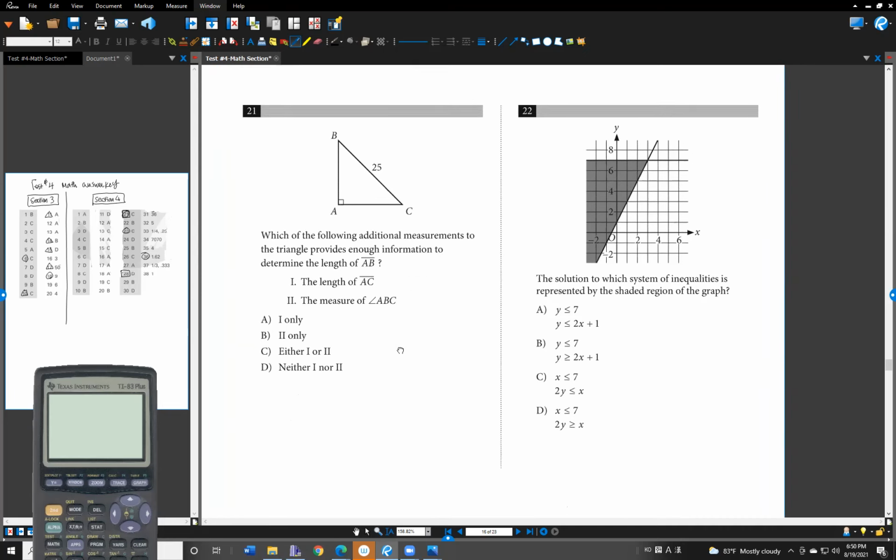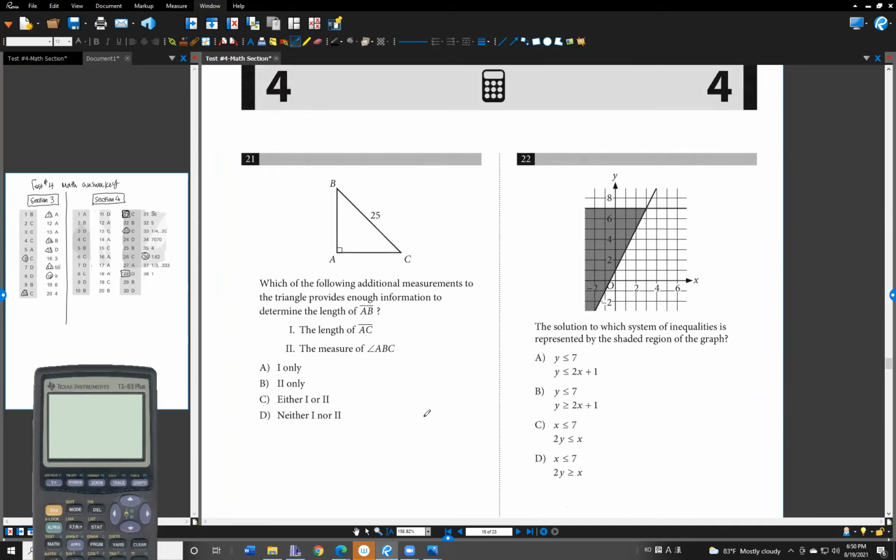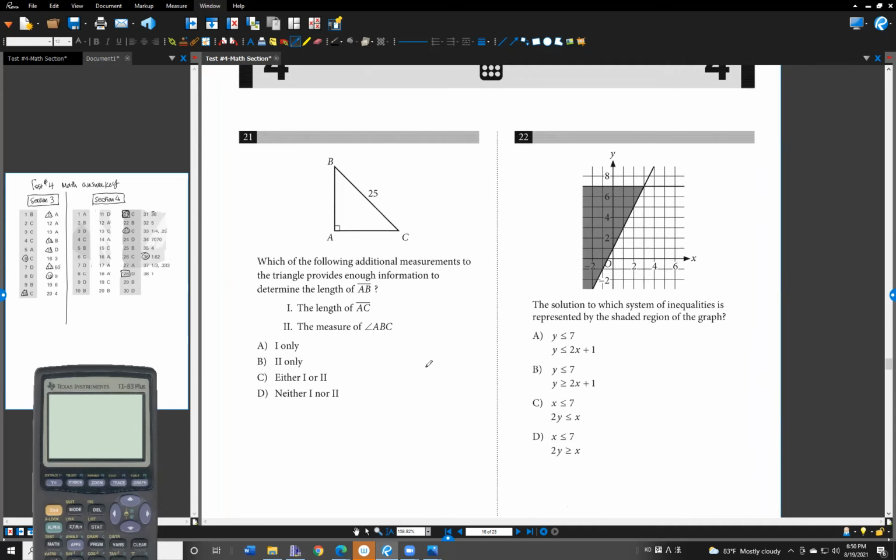So this is 21. Wow, this is almost the same questions we did. We did, right? It's a little different questions, but very similar. It's very interesting, right? Almost the same questions in the test. Okay, one is in section 3, the other one is section 4. Very interesting.